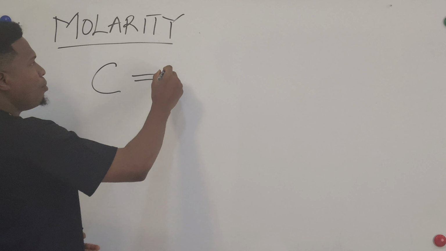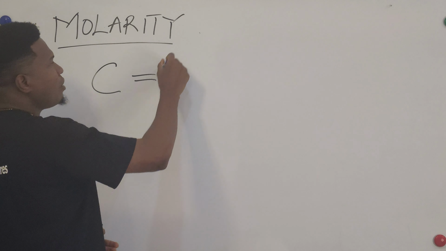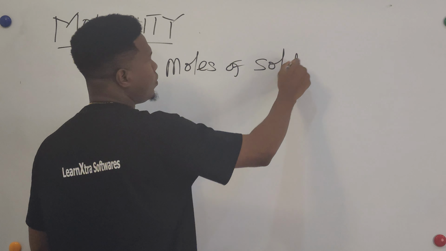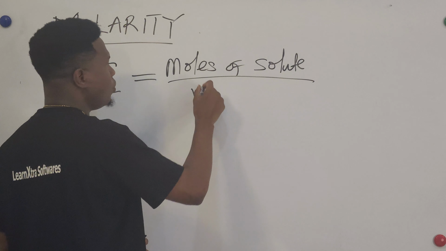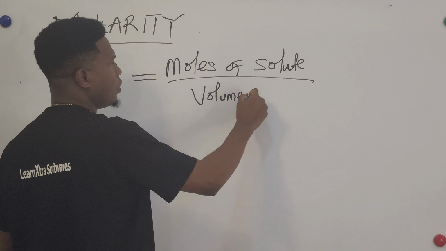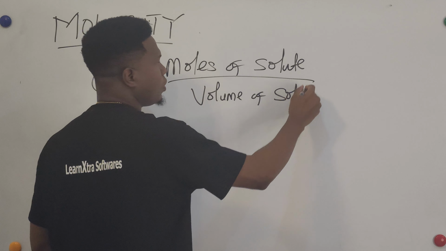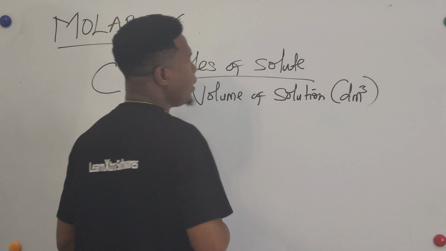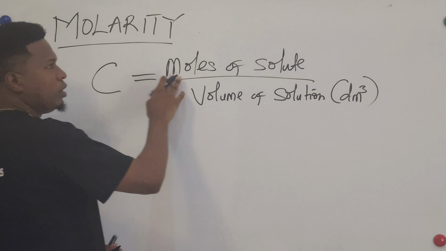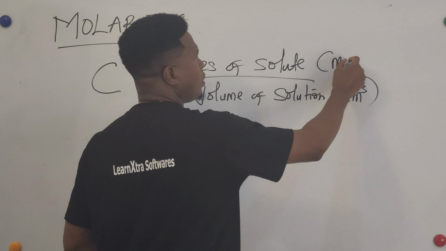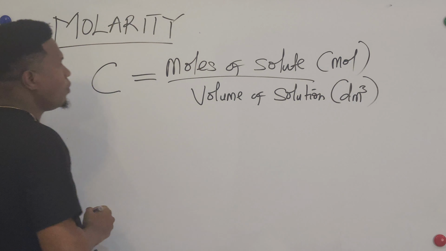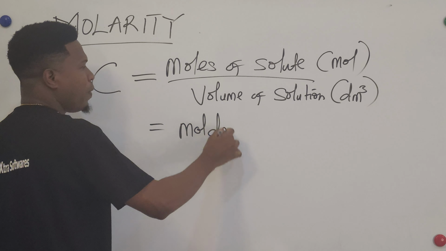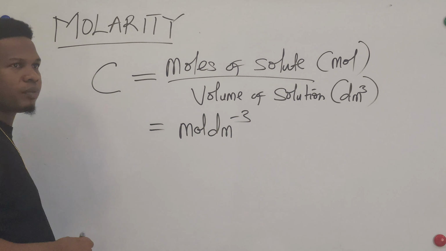So mathematically, molarity means moles of solute all over volume of solution in dm cube. The unit of mole remains like this, so the unit of molarity is simply mole per dm cube.